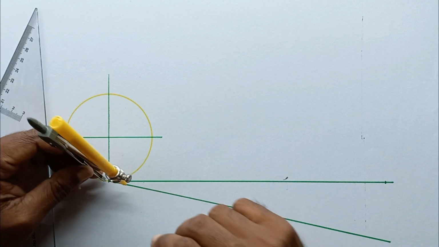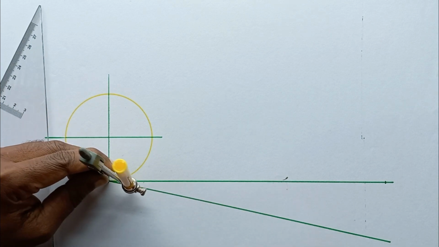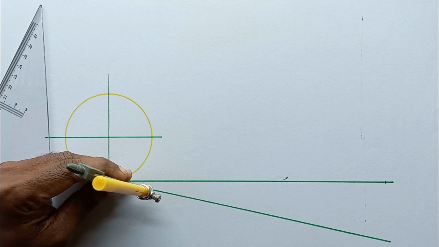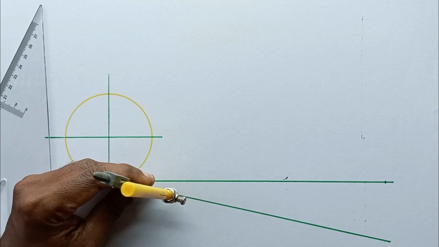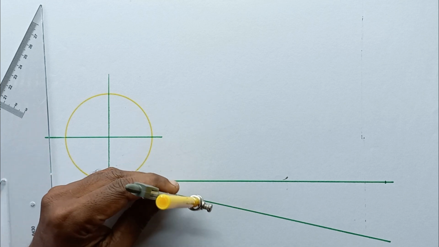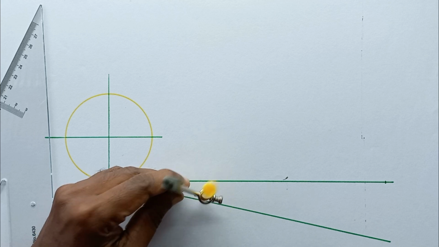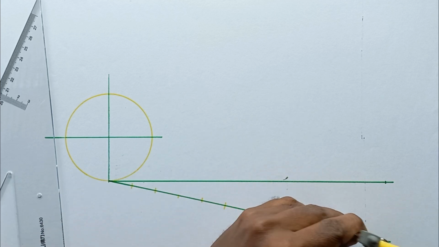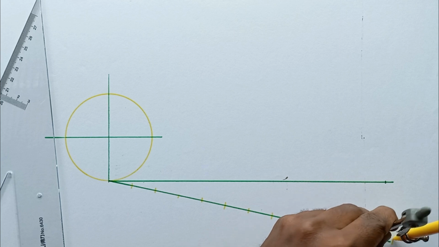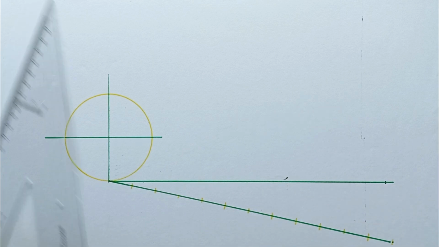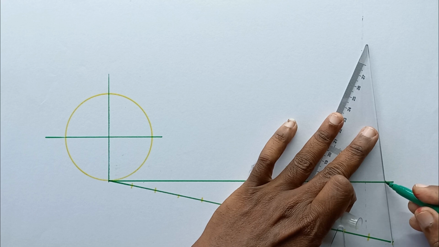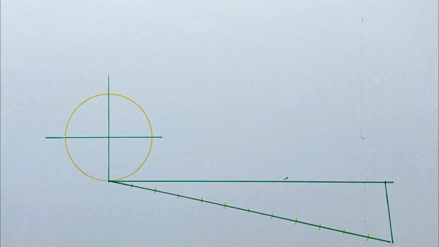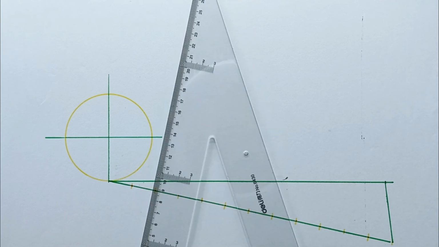Okay, I am using the compass to mark these equal segments. 1, 2, 3, 4, 12. Then let's join these two points. Then I am going to draw the parallel lines to this line, passing through these points using the two set squares.